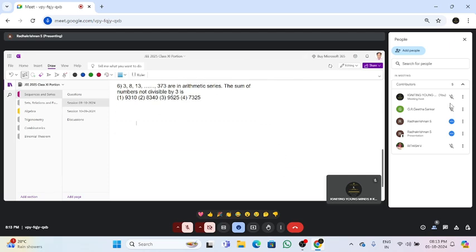Look at this problem. There is an arithmetic series, okay, 3, 8, 13, and so on, up to 373. It's a finite series, only up to 373. We need the sum of numbers not divisible by 3.